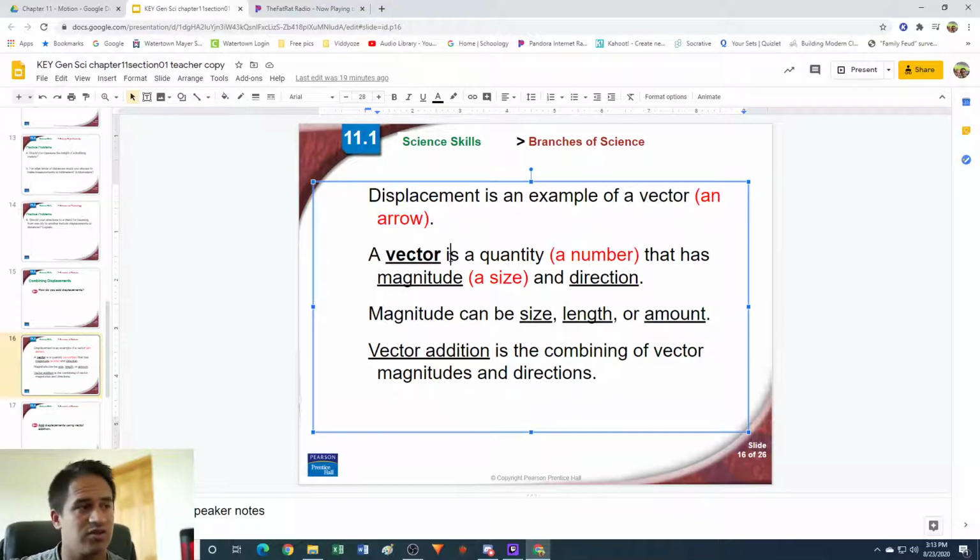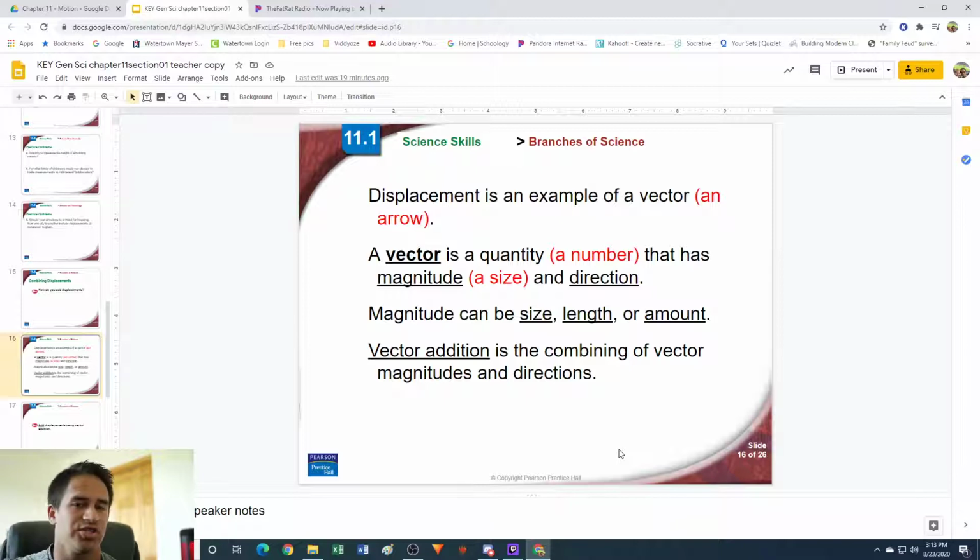Vectors, or arrows, are a quantity, so that there's a number or an amount that have a size or a magnitude and a direction. So again, it's an arrow, right, that points a certain way and has a certain length to it, which is representing usually a distance or an amount or some number is usually attached to it. And because these are vectors, we can do something called vector addition, which means when we have a lot of them, we can add them together and do some math to make things a lot easier on us.